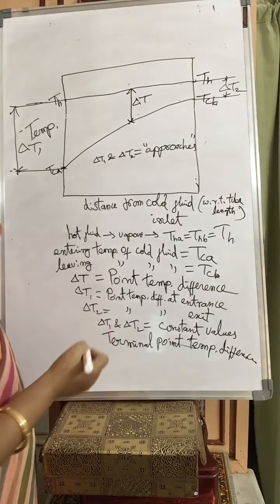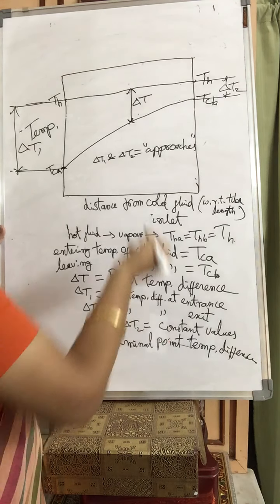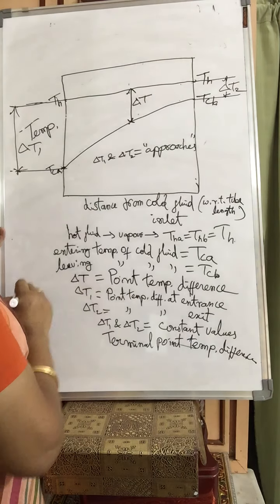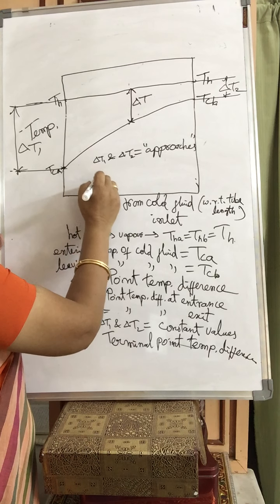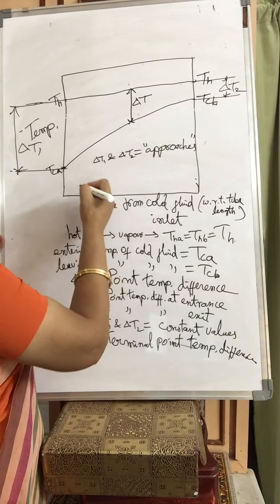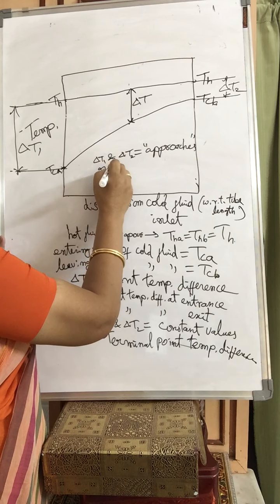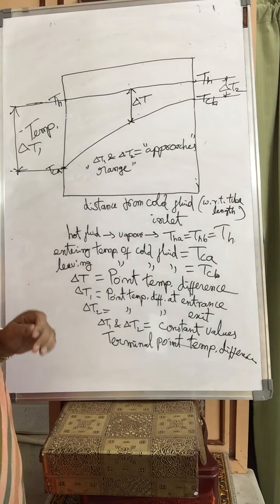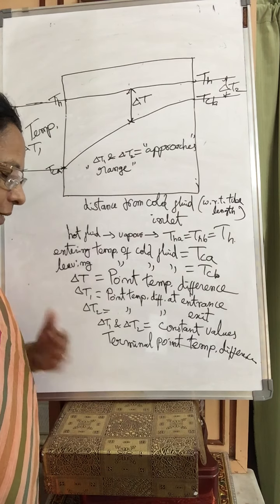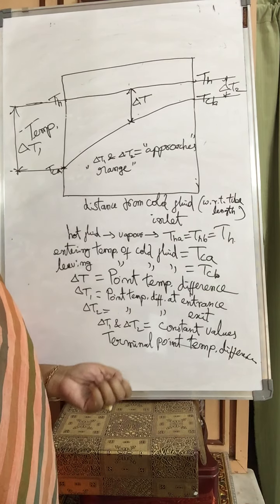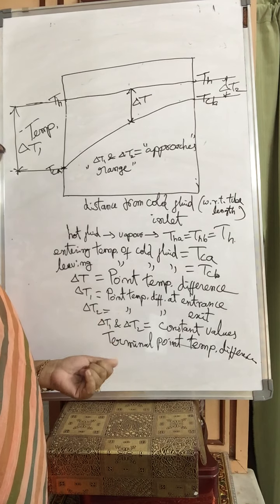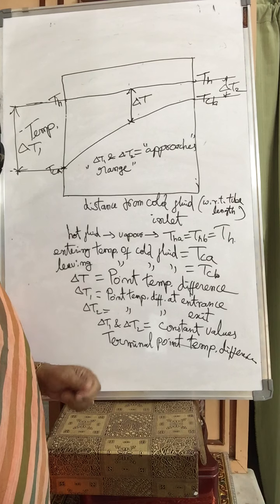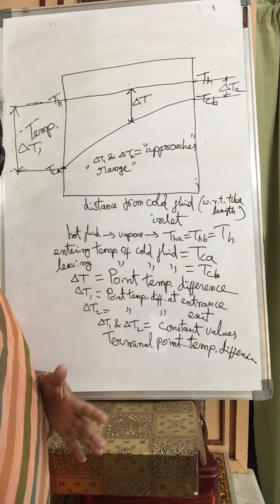There are two terms we are going to learn in this: one is approach and the other is range. Delta T1 and delta T2 are called approaches. Another term we are going to learn is range. What does range mean? Suppose I go to a shop to purchase sarees, the shopkeeper will ask me, what range do you want, madam? I may say some 5,000 to 10,000.